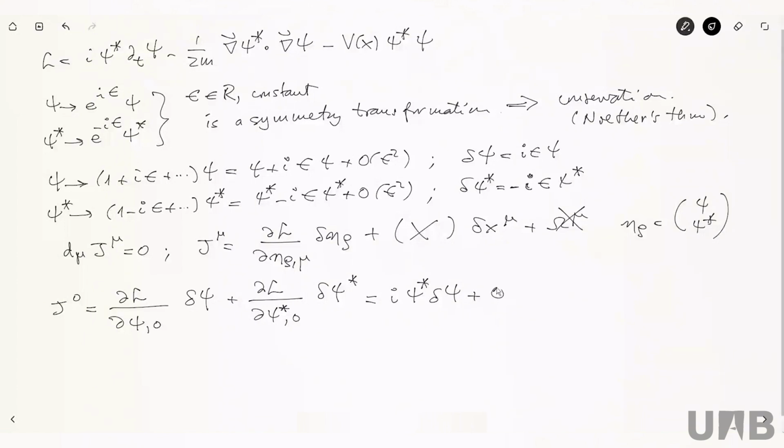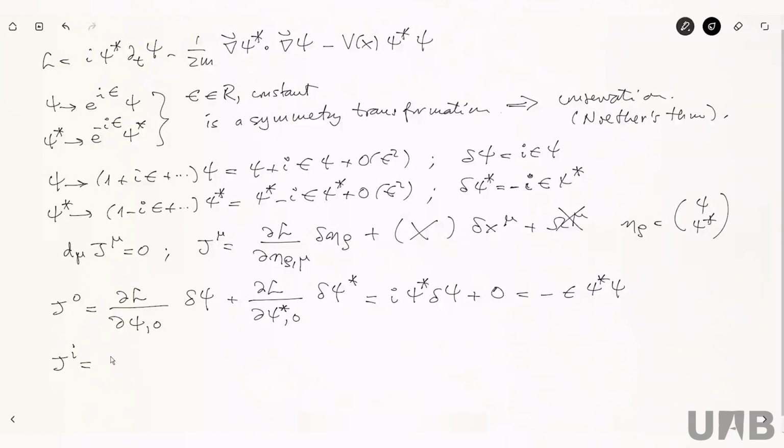Nothing. So that means it's iψ* δψ, but δψ is iεψ. So i and i gives me a minus εψ*ψ. That's what I get. So that's J0. And now let's compute Ji.